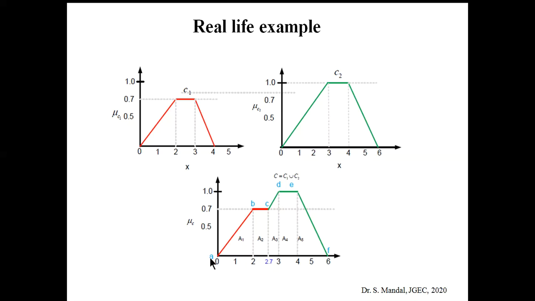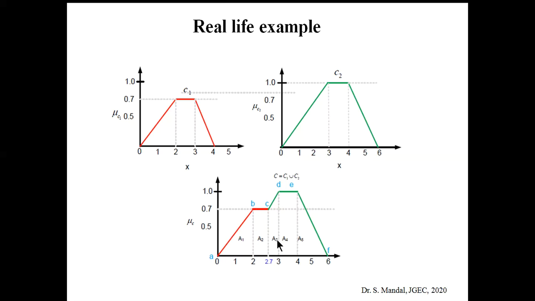Now for each case, we need to use this kind of division for a particular area, like this curve. For this particular area, the corresponding membership function has a defined value.